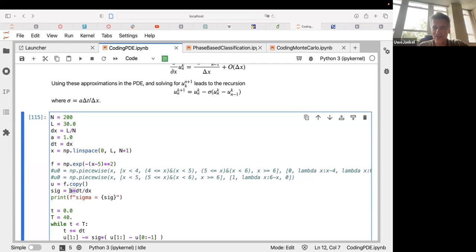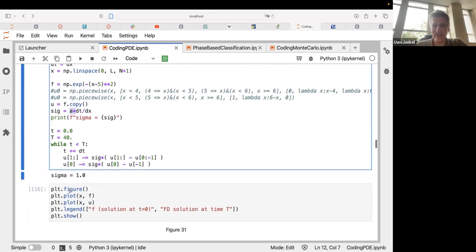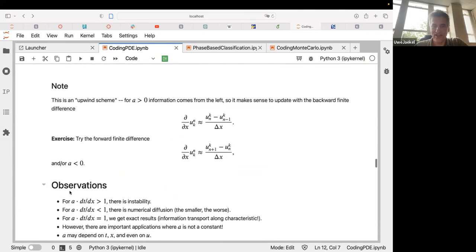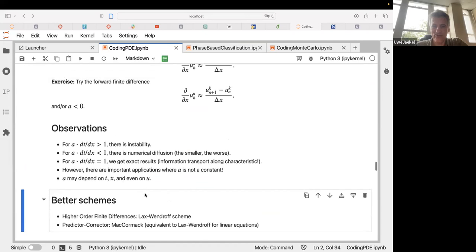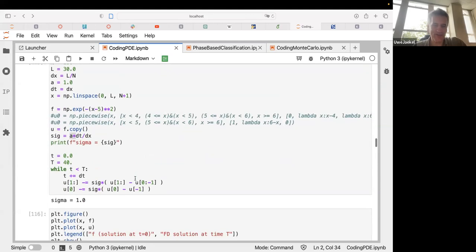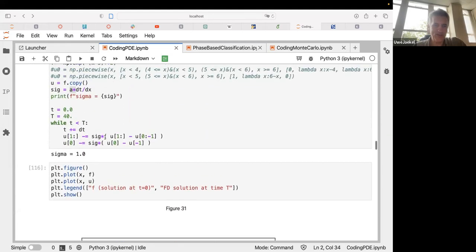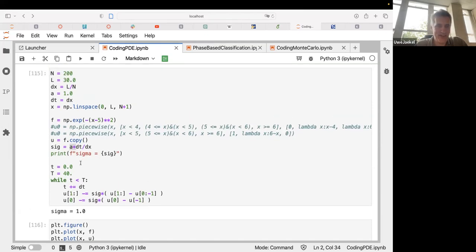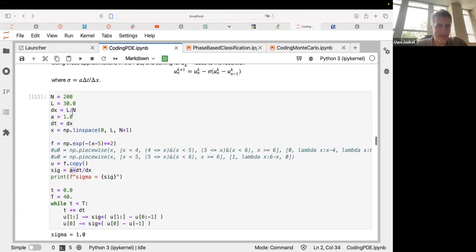And if a is not constant, and a may also depend on u itself, as we will see in the Burgers equation, then you will always have numerical diffusion as a problem, and may need to resort to other schemes like Lax-Wendroff or MacCormack. But we should also emphasize that it helps to decrease the grid size. So let's get back to the numerical diffusion.